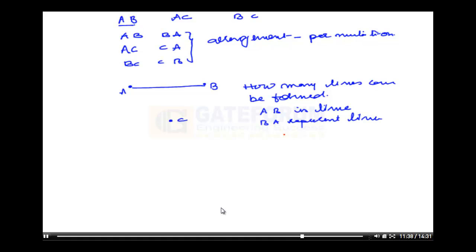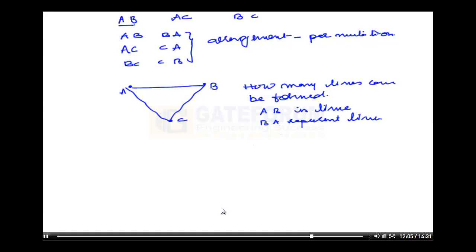That means whether you consider AB or BA, we are getting the same line. Similarly, BC or CB, AC or CA. So in this case, order need not be taken into consideration, because in the question it is not said whether to consider permutation or combination.